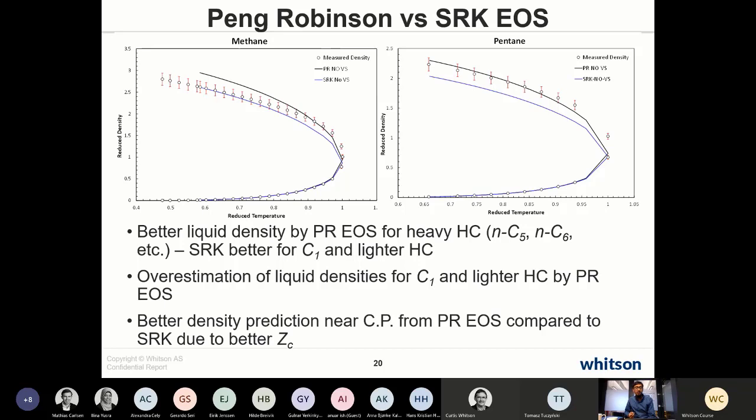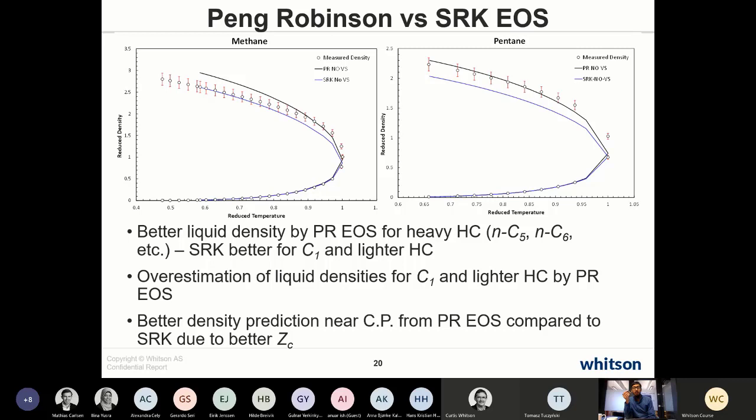The liquid densities were overestimated for all the compounds, and the Peng-Robinson equation of state model was better for liquid densities of the heavier compounds, because they were mainly interested in those, the heavy oils.